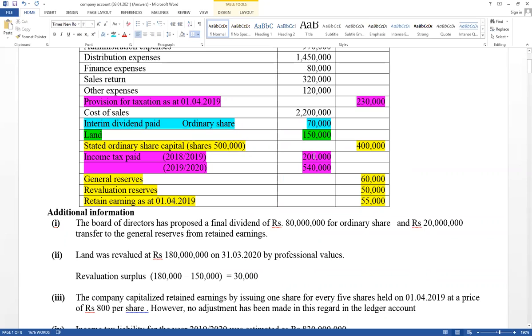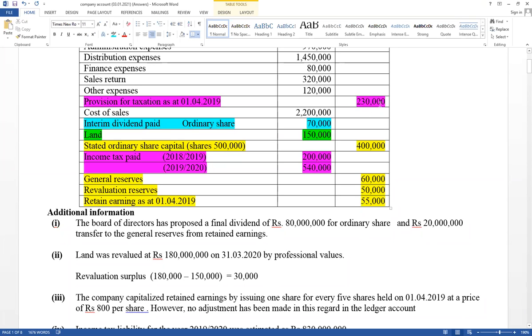Therefore, last quarter paid amount equals 200,000, but it was already estimated and considered as expense last year at 230,000. Therefore, think about provision: last year income tax was considered at an excess value. The difference value 30,000 is over provision.